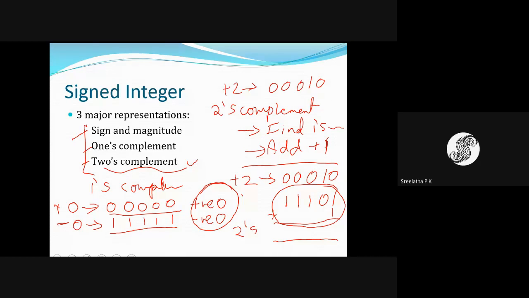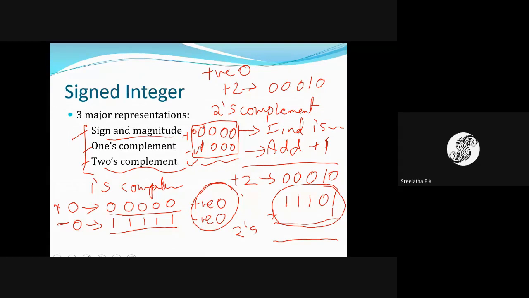In case of sign and magnitude also, if this is 0, then in sign and magnitude, if I represent it like this, this is minus 0. In 4-digit binary value, this is minus 0. So there is plus 0 and minus 0 in both sign and magnitude and 1's complement. Whereas in 2's complement, there is only positive 0.